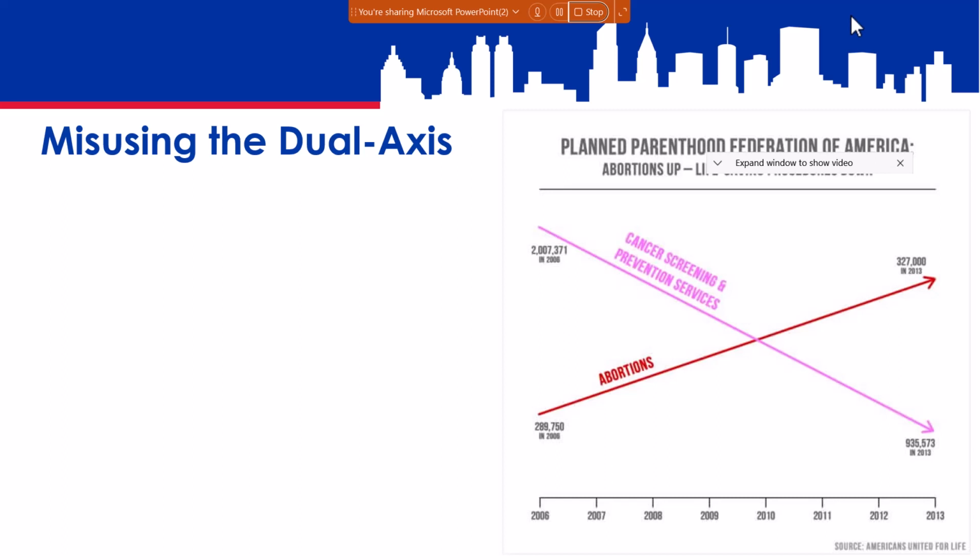Because there are a couple of things wrong with this one. Again, there's no y-axis. There's no starting point. Yes, the number of abortions. There is an increase, but it may not be as drastic as this line shows. The other thing is the cancer screenings are in the millions.